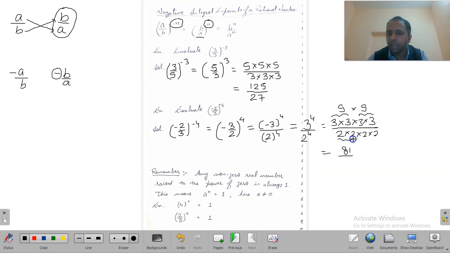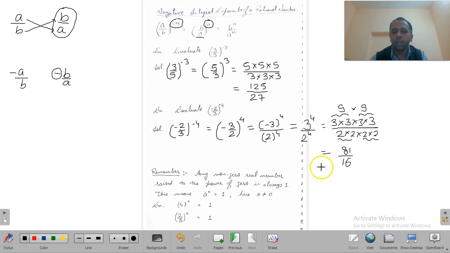Then 2 multiplied by 2 is 4. Again 2 multiplied by 2 is 4. 4 multiplied by 4 is 16. So it will be 81 upon 16. In this way we can calculate the value.